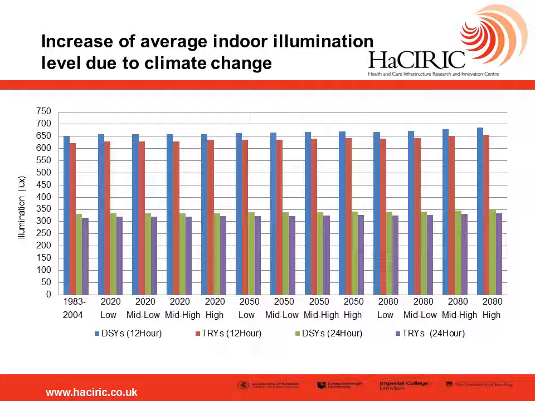Based on design summer years, the average illumination level increased 1% from 1989 to 2020s, and increased 2% per 30 years from 2020s to 2080s under high emission scenario. As a result, the average indoor illumination can rise a maximum of 5% in future compared to present.